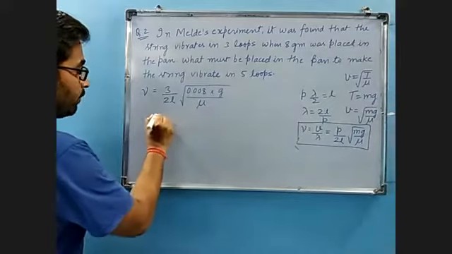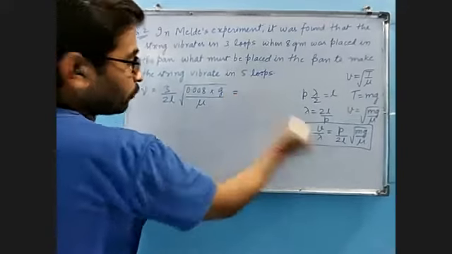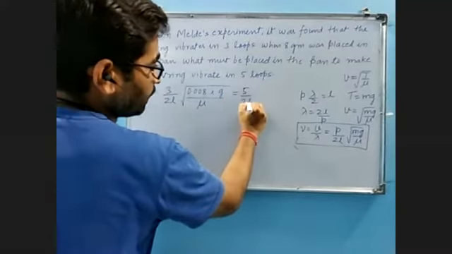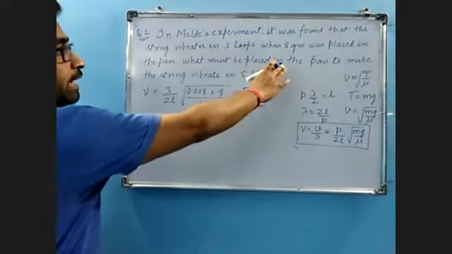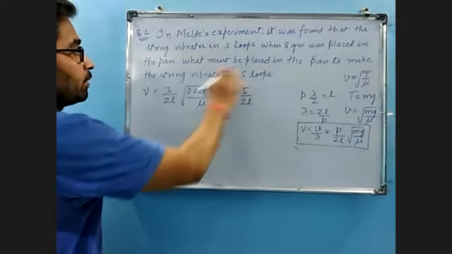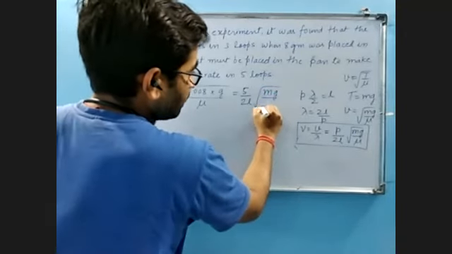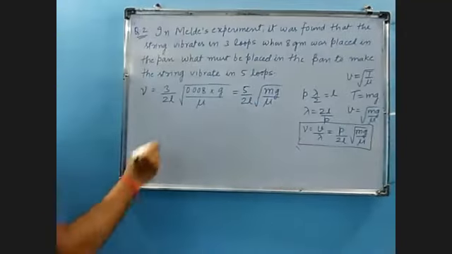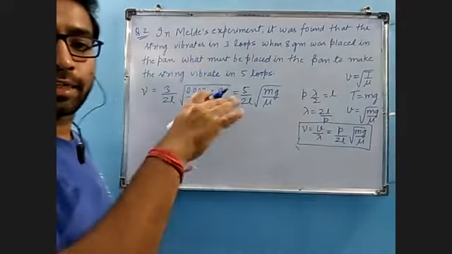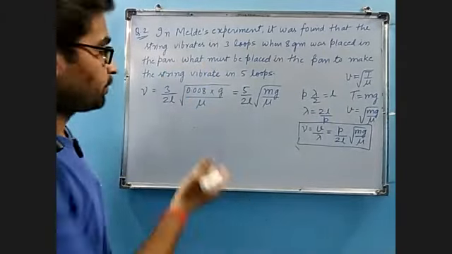So this should be equal to 5 upon 2L, keeping p equal to 5 now, so that it forms 5 loops, under root mg upon mu, where we have to find m. Because the external source has the same frequency, it will not change.